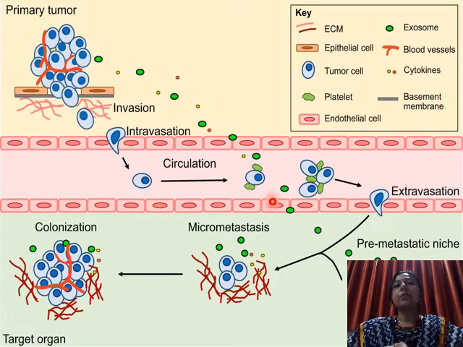This causes tumor emboli, and where the proper, preferred microenvironment is present, these cells will extravasate and cause micrometastasis. Then they colonize, get proper blood nourishment through angiogenesis, and grow and cause the distant metastasis. This is the overall mechanism of spread.